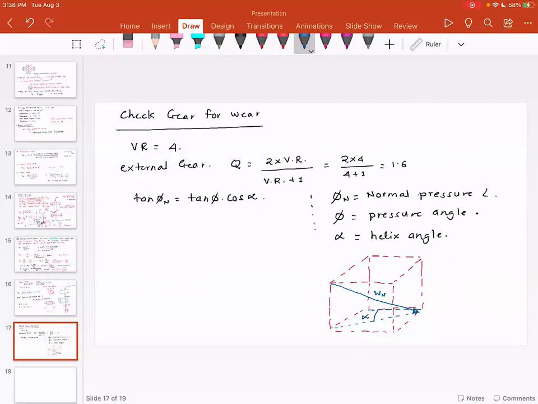And if you want to find out the pressure angle, it is basically this. And the normal pressure angle is this.